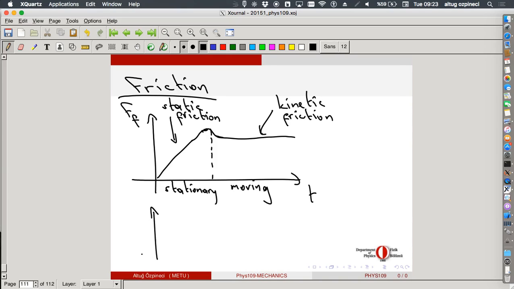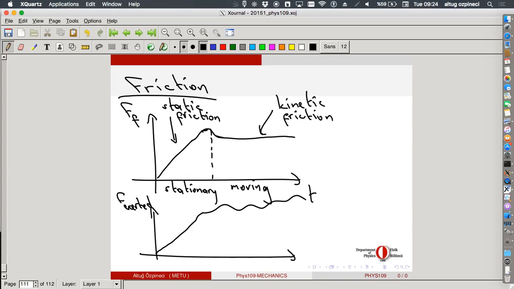Let's say this is the magnitude of the exerted force as a function of time. Up to this point, I kept on increasing it linearly, and after that time it was constant. I kept it constant, but I could have as well changed it, increased it. It doesn't really change anything about the friction.